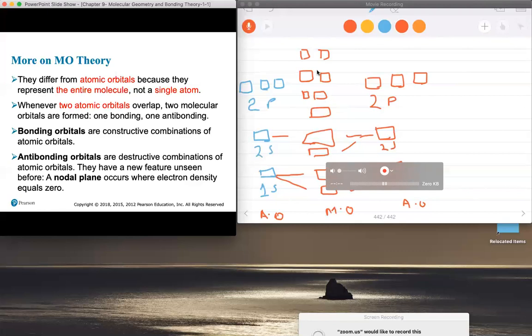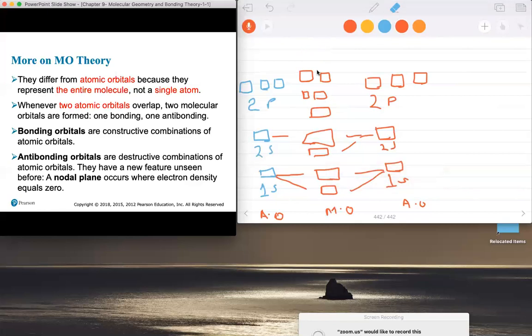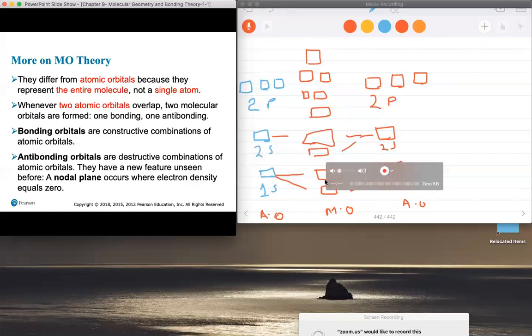I had an extra one here, so this should be 1 right there. For 1s and 1s you end up with 2 orbitals. For 2s you end up with 2, because 1 and 1 gives you 2. 3 and 3 gives you 6.